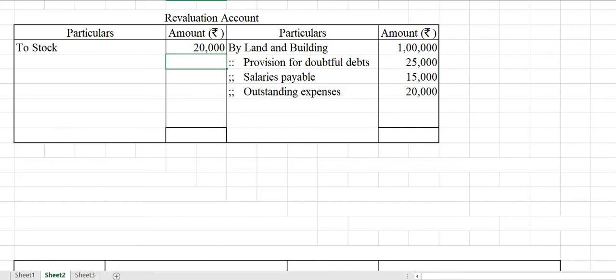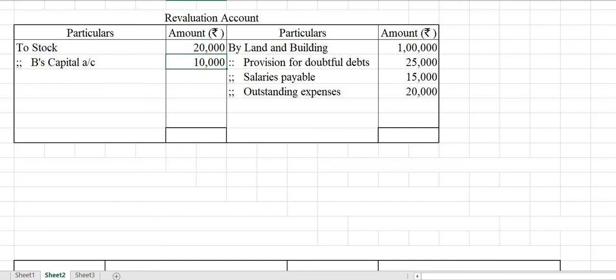So let us see, we can write to B's capital: if expense is paid, or if a partner meets any liability, that partner's capital account should be credited with that amount. And here in the revaluation account we will write to partner's capital how much we are paying. We have to pay 10,000.